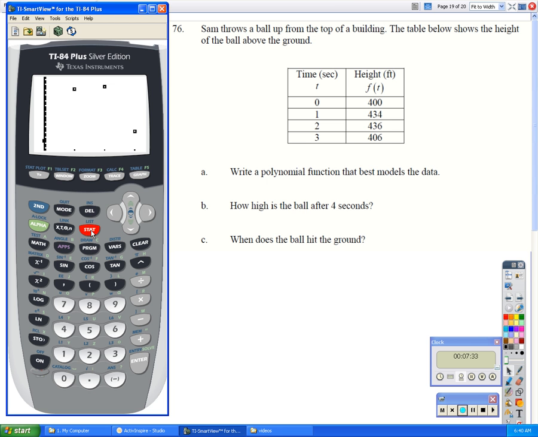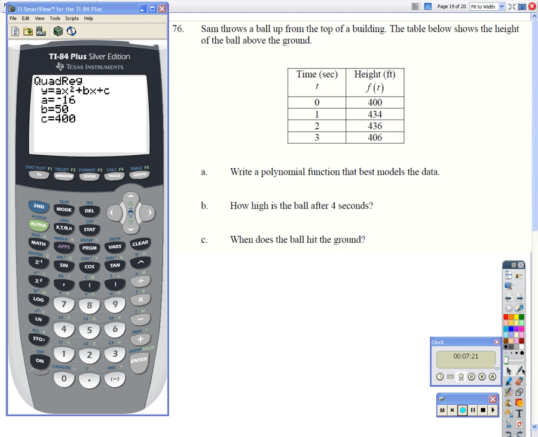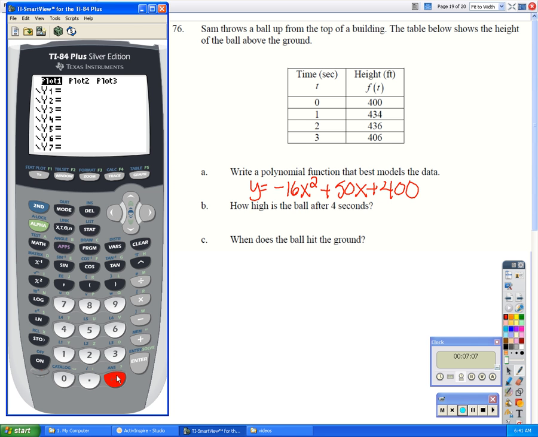So using stat again, I'm going to calculate the quadratic regression, which is the line of best fit. So our polynomial is negative 16x squared plus 50x plus 400. So now I'm going to put that equation into y1.